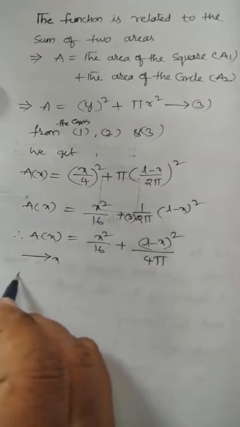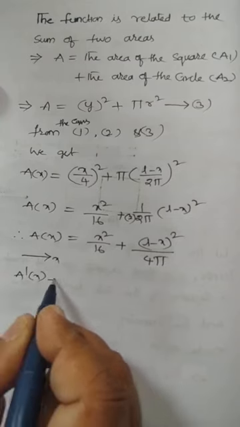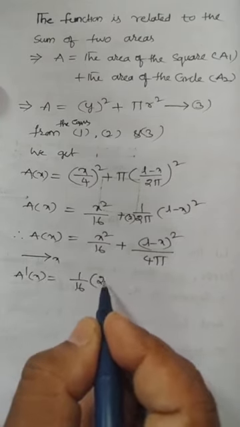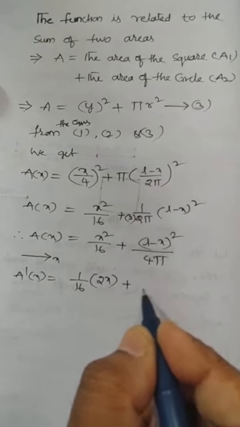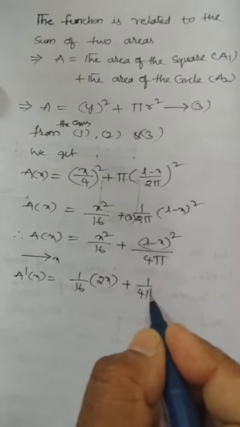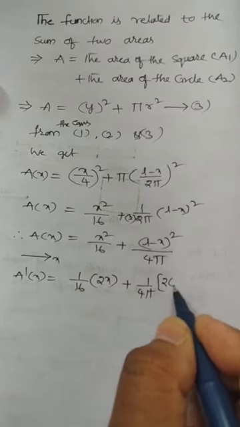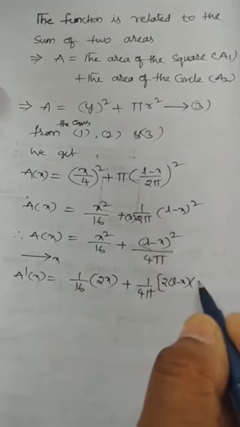A dash of x is equal to, so 1 by 16 is our constant term, x square derivative is 2x, plus 1 by 4 pi is our constant. So L minus x whole square derivative is 2 into (L minus x) into (0 minus 1).